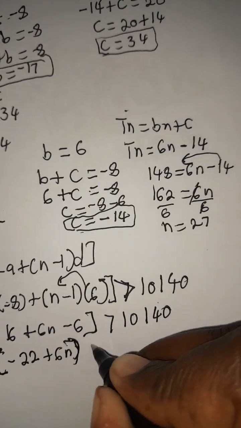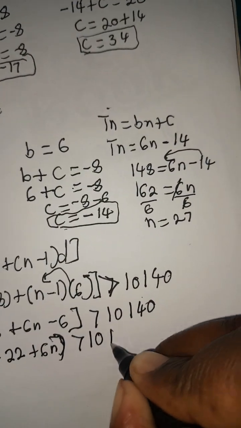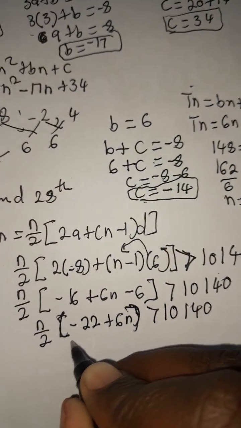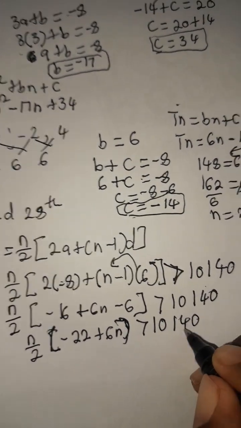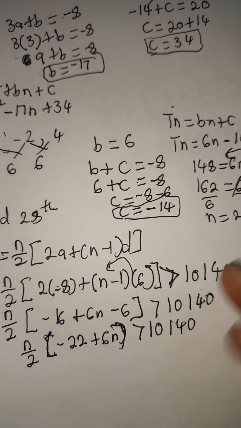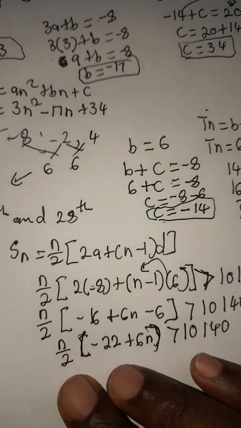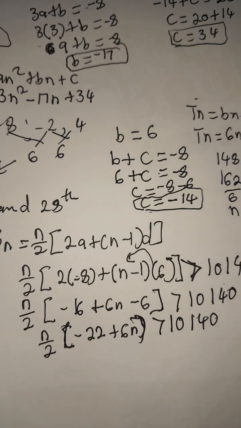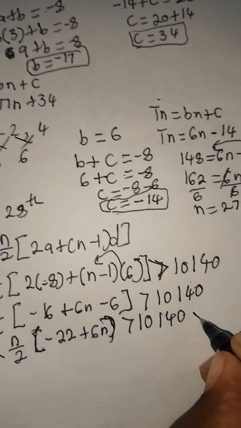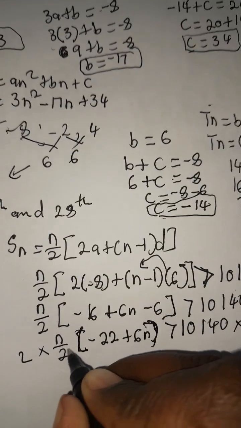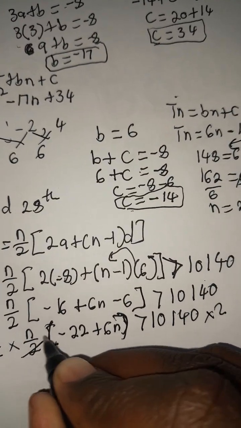Let me just do it like this. 10,140. From here, we can multiply everything by 2. If we multiply everything by 2 here, we also do the same thing on the other side. This and this will cancel.